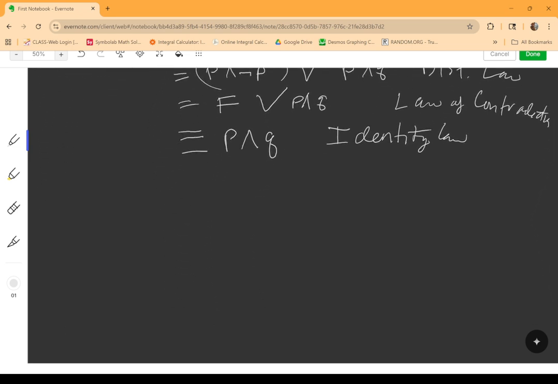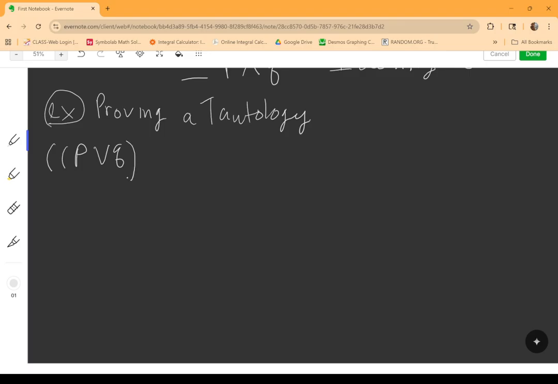All right, so let's look at another example where we want to prove a tautology. A tautology, again, is something that is always true. So I want to prove that (P or Q) and not P implies Q is a tautology.